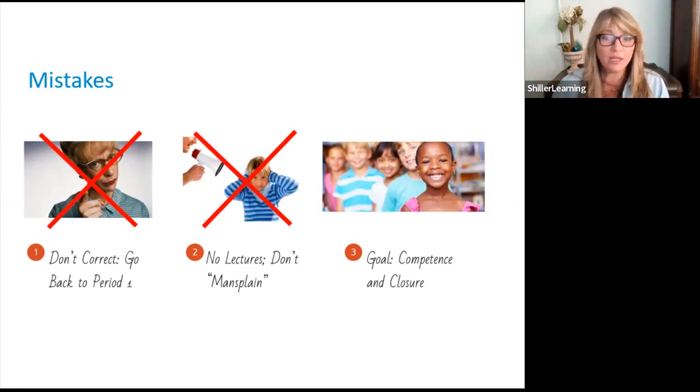Now, one of the things that you want to avoid when your child makes a mistake is correcting. Now, that's not to say that we just let the mistake go by and have them think that this is something that's true. I am the ninth of 10 children.